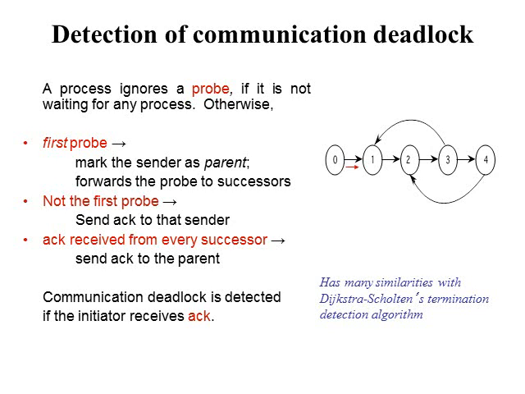The communication deadlock is detected if the initiator receives the acknowledgement. If you remember, resource deadlock is detected if there is a cycle in the system. Communication deadlock is detected when a tree is grown all the way deep, and then it receives acknowledgements back up to the root of the tree, and that is how a communication deadlock is detected.